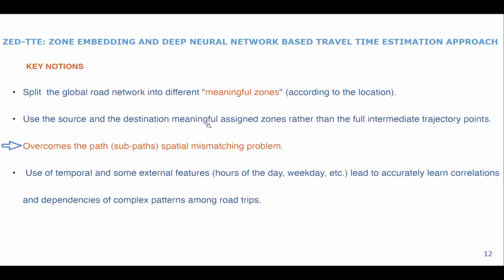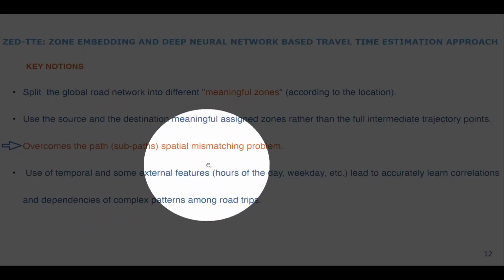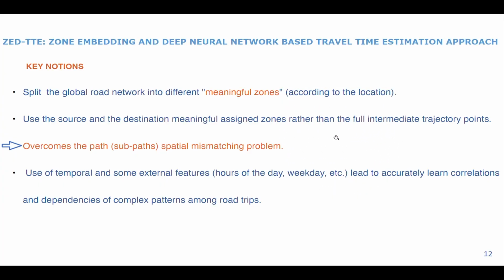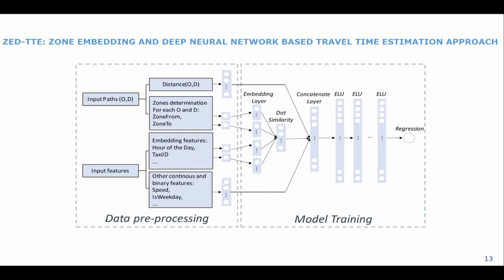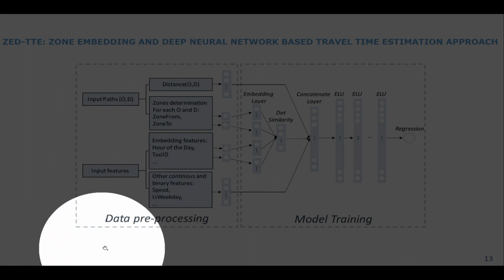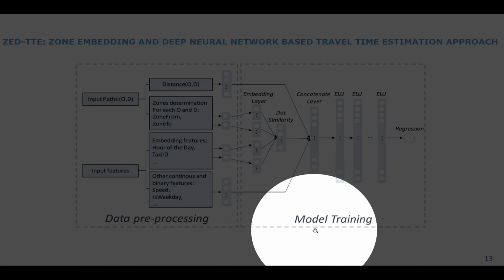In addition to that, we make use of temporal and some external features, for example hour of day, weekday, and so on, to accurately learn correlation and dependency of complex patterns among data types. Our approach was split in two steps: data pre-processing and model training.